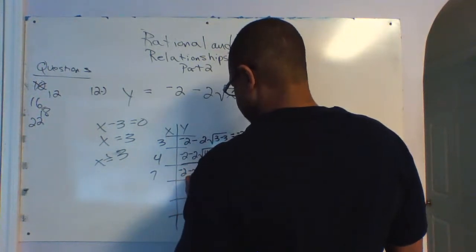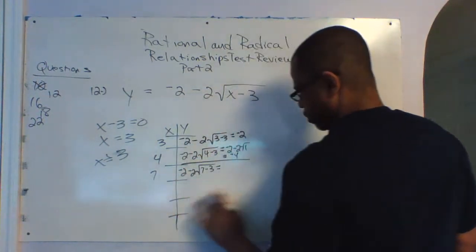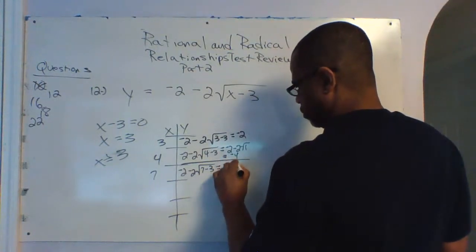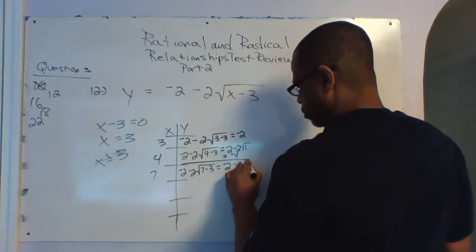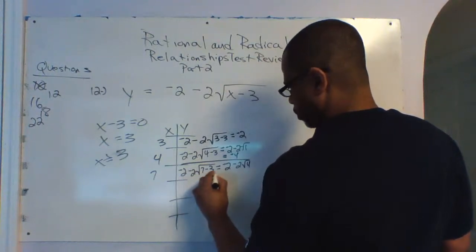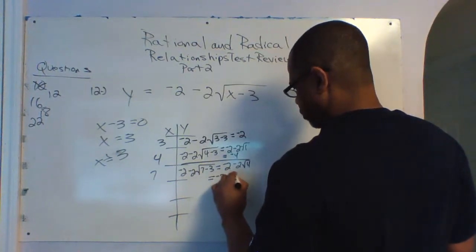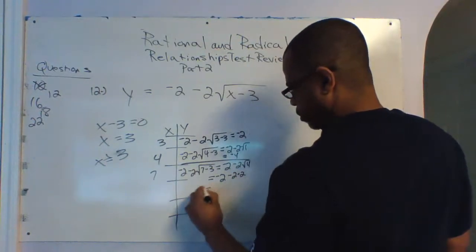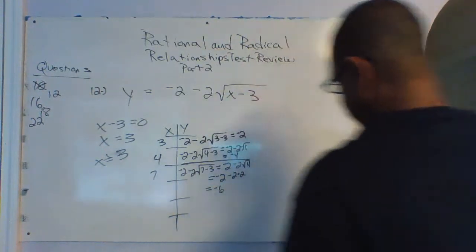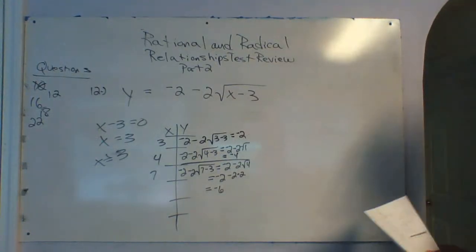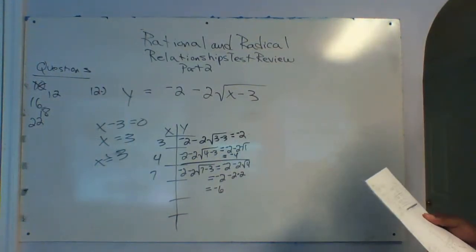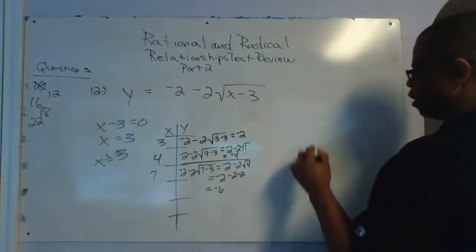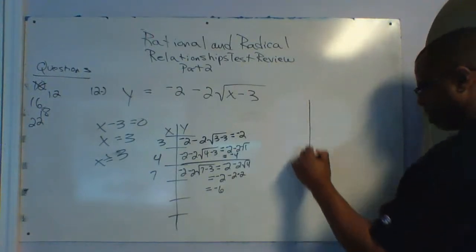So 7 minus 3 is 4, so that's going to give us -2 minus 2 times the square root of 4, which is just going to give us -2 minus 2 times 2, which is going to give us -6. All right, so we only need these 3 points to be fine for us to use. Okay, now we're going to come over here and graph it.